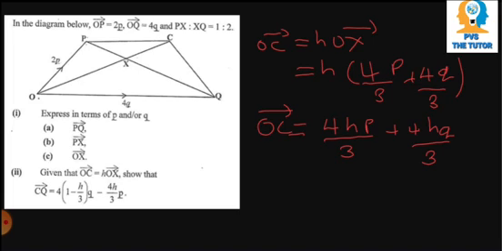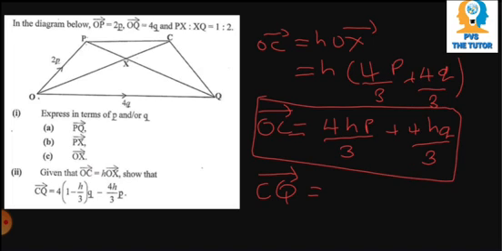Now we also have CQ. CQ, how do we find CQ? So we need to keep this. So if you are writing it down, make sure you write that one down. So CQ, how can we find CQ? CQ is this side. How do we reach CQ? You know that we can move from C to O then to OQ.